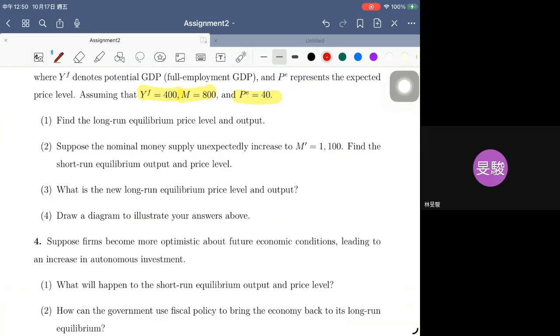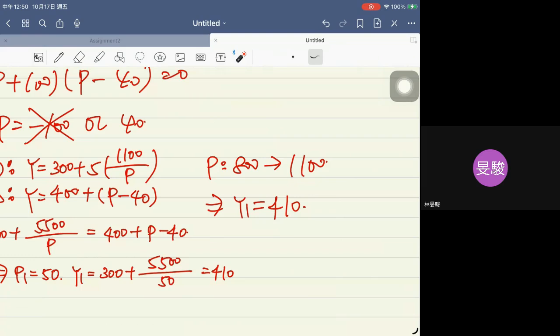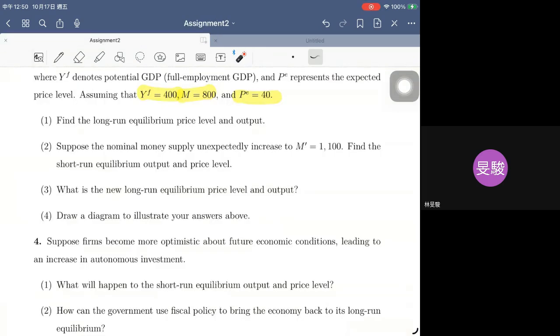Question 3. What is the new long run equilibrium price level and output? Okay. So you don't need to calculate because in the long run the output is unchanged. So real output is 400.